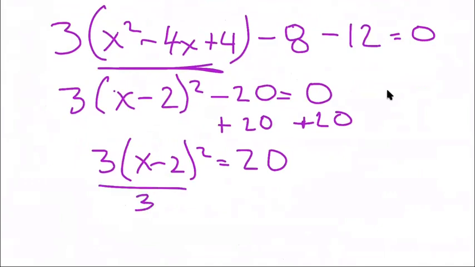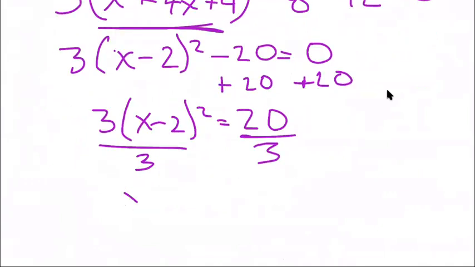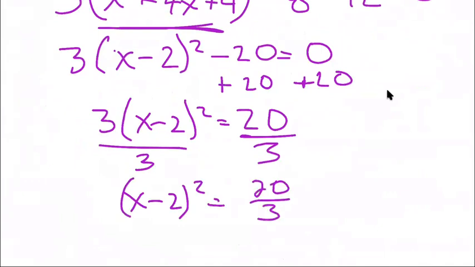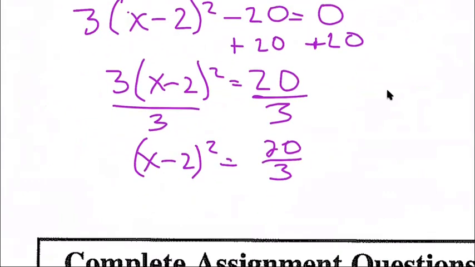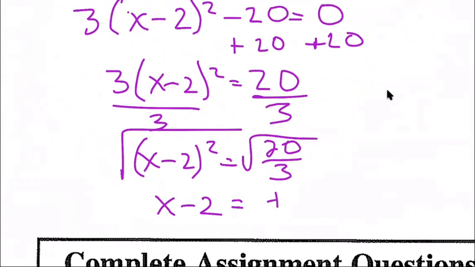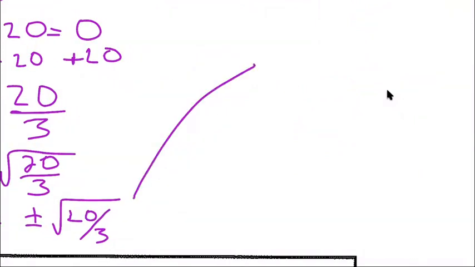Divide by 3. x minus 2 all squared is equal to 20 over 3. Leave it as a fraction. Square root both sides. x minus 2 is equal to plus or minus the square root of 20 over 3. That's where we're at.